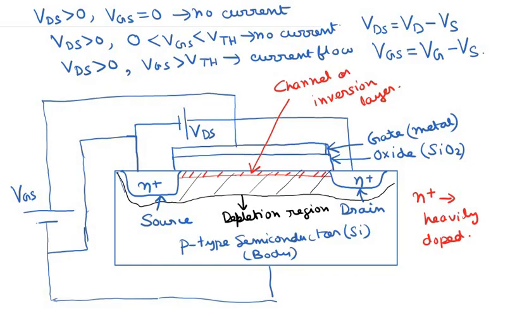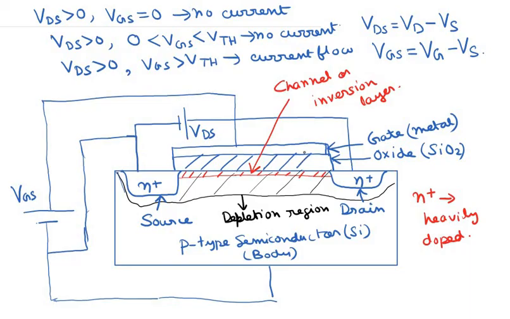Another point is that no current can flow through this metal into the semiconductor. Although the voltage source VGS is provided, no current can flow through the metal gate into the semiconductor p-type body, because there is an insulating oxide layer between the metal gate and the semiconductor body.